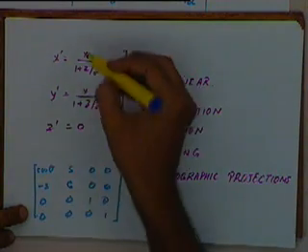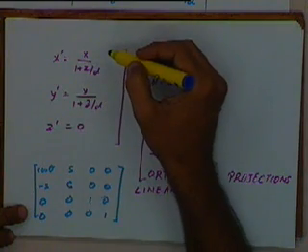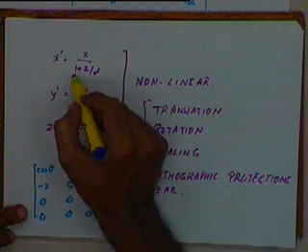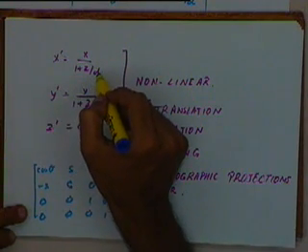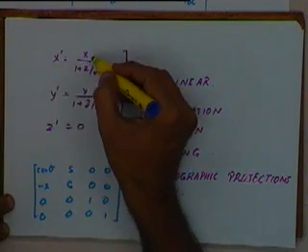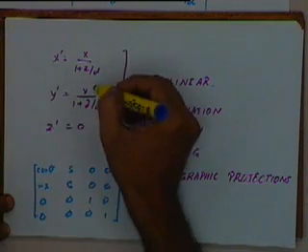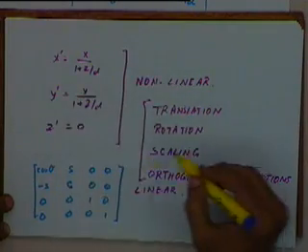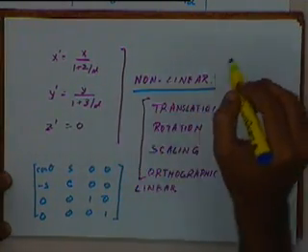But this is not a linear combination of x, y and z. x prime is equal to x divided by a term involving z. That means x prime is not a linear combination of x, y, z. Similarly, y prime is also not a linear combination. That is why these kinds of transformations come under the category of non-linear transformations.